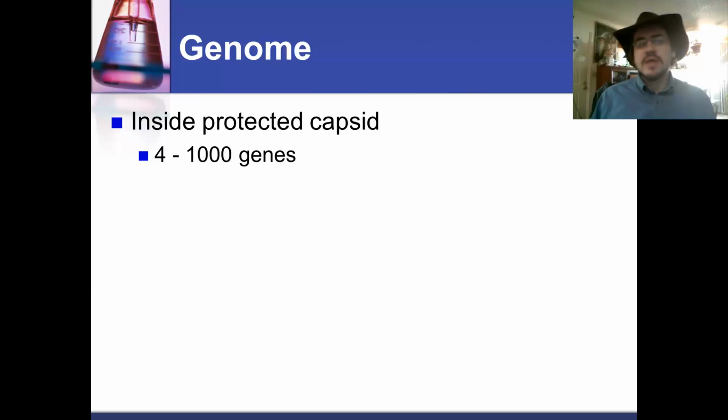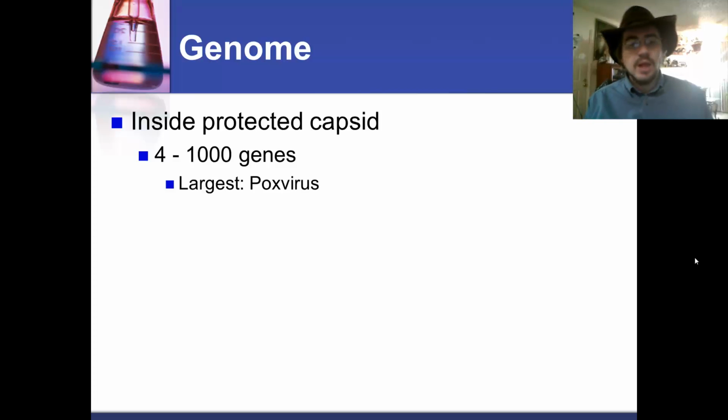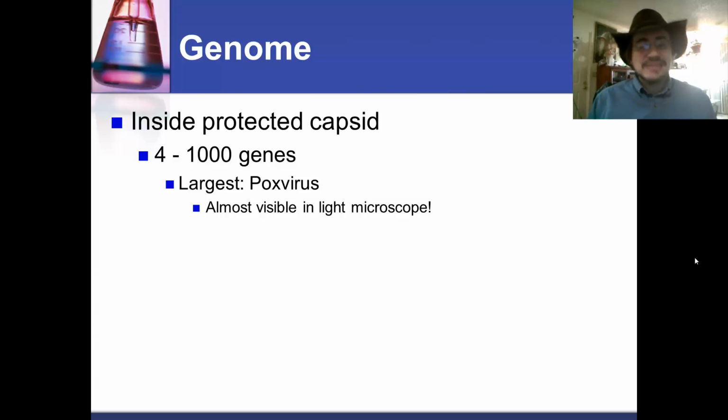So you're probably going to see something really big, like an extremely large virus, like smallpox, where you see close to 1,000 genes. Whereas 4 genes is going to be on something a lot simpler. So it's pretty crazy how viruses work. The largest genome is the pox virus. The pox virus is so big that it's almost visible in a light microscope, which is crazy.